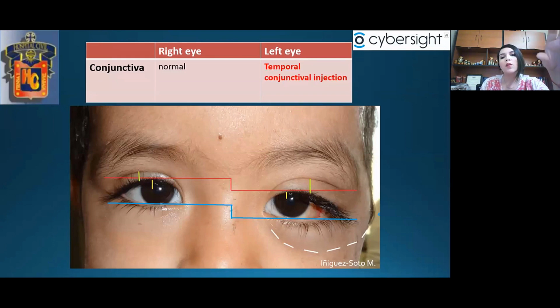So at this moment, we could think of a neurogenic ptosis, but we have to be sure of the movement and the quality of the elevator muscle. We can see too that the left eyeball is descended, is down, and we have a big volume in the inferior eyelid too.